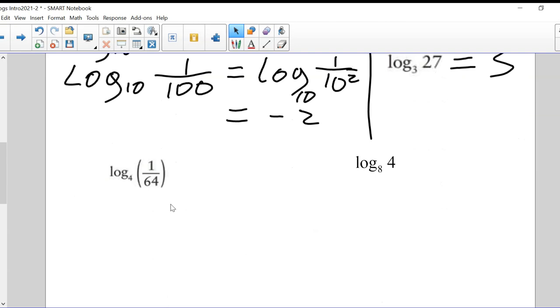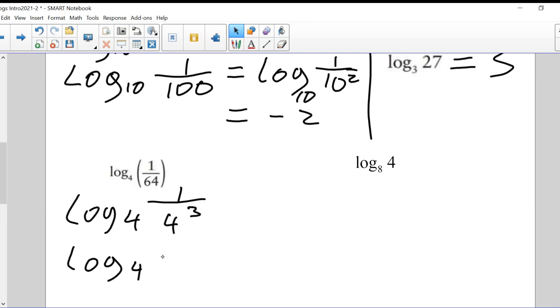Does that make sense? Well, again, log base 4 of 1 over 64, instead of calling it 64, I could call it 1 over 4 to the power of 3, because 4 to the power of 3 is 64. Which would mean I'm asking what's the log base 4 of 4 to the minus 3.